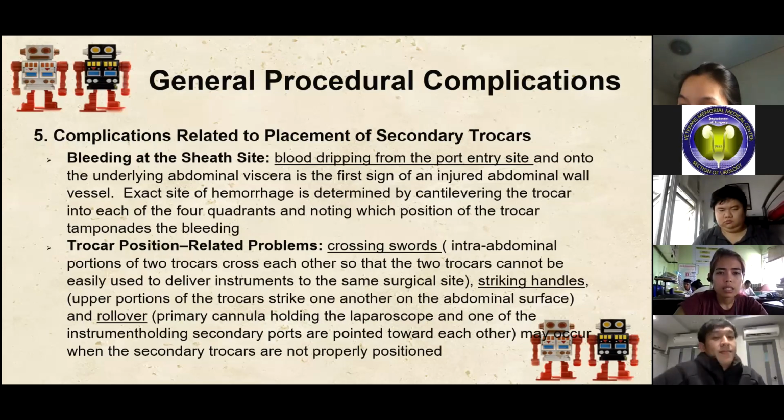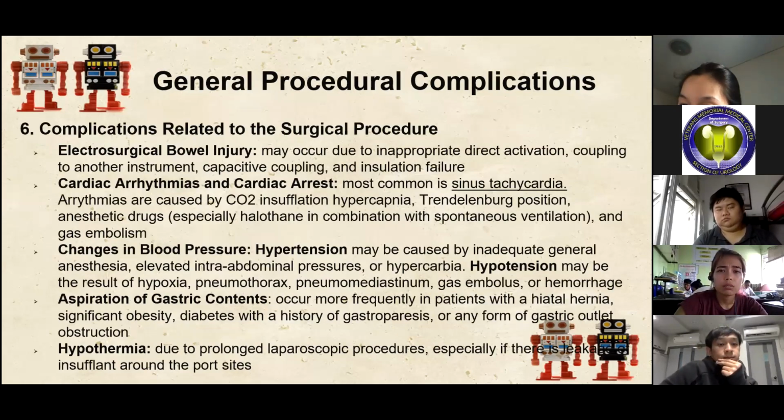And lastly, the roll over: the primary cannula holding the laparoscope and one of the instrument-holding secondary ports are pointed towards each other. Next complication might be related to the surgical procedure. So we could have electrosurgical bowel injury, and this may occur due to inappropriate direct activation, coupling to another instrument, capacitive coupling, and insulation failure.